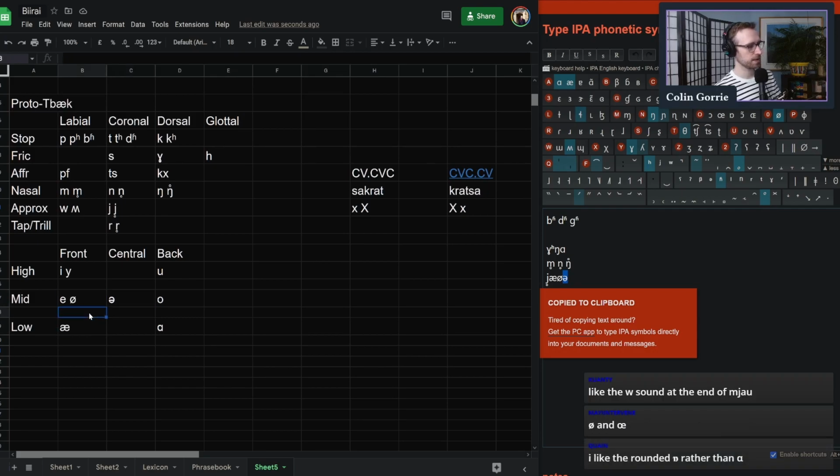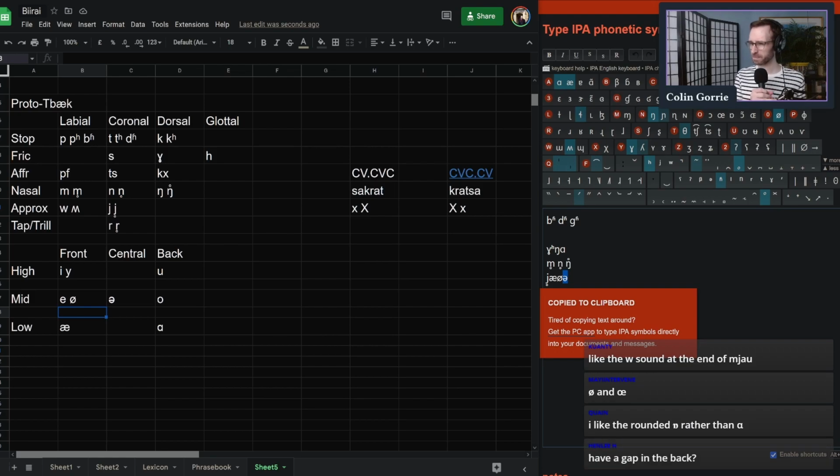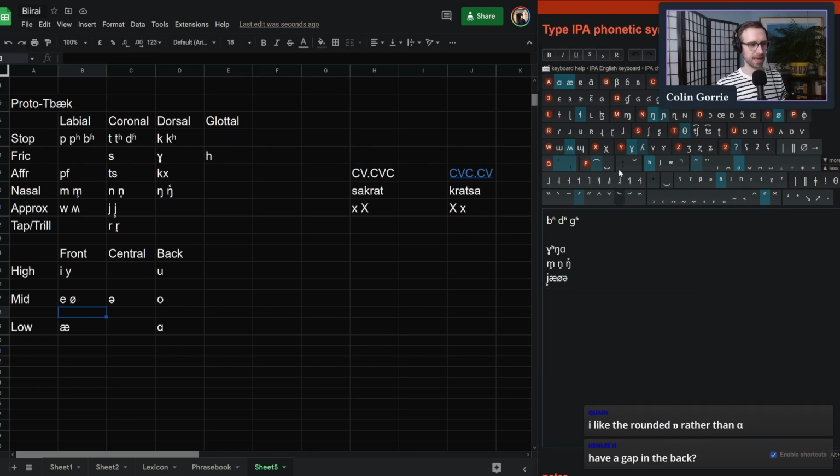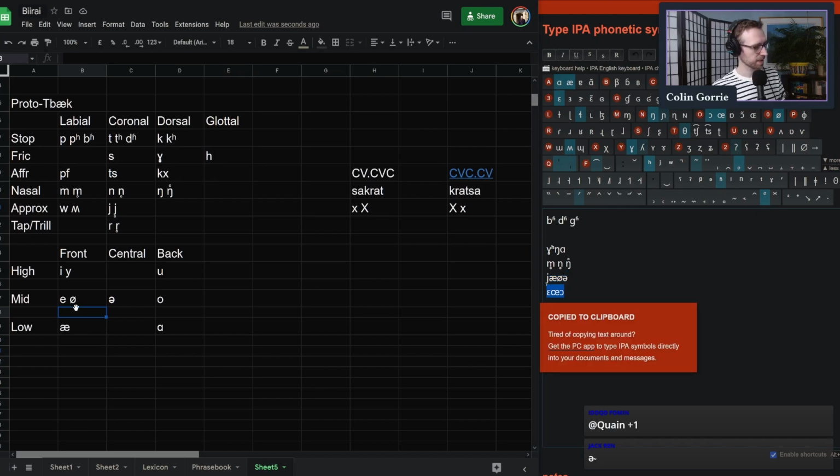And maybe we could also get in some of the low mid vowels, where is it? And o, because we haven't played a lot with them in this world yet.